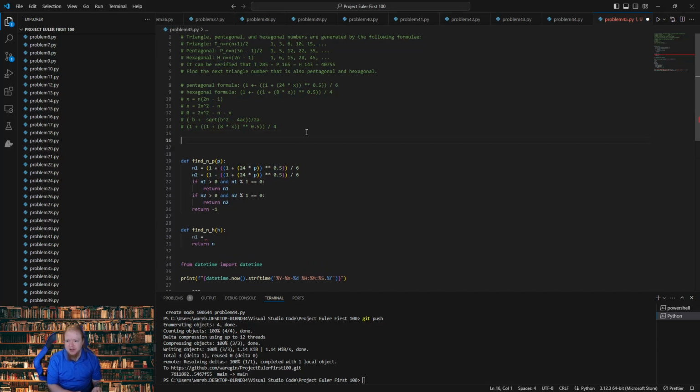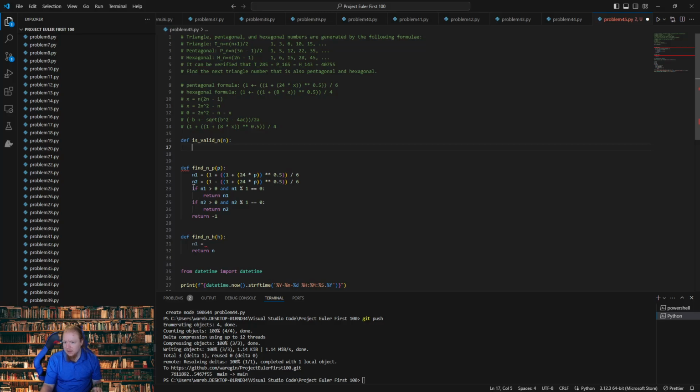Actually, now that I'm thinking about it, I'm gonna have a different function, is valid n. And I'm going to say to return n greater than 0 and n mod 1 equals 0.